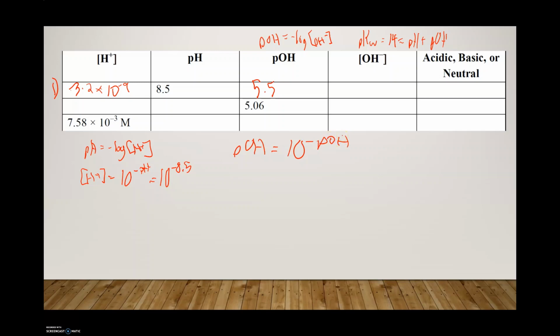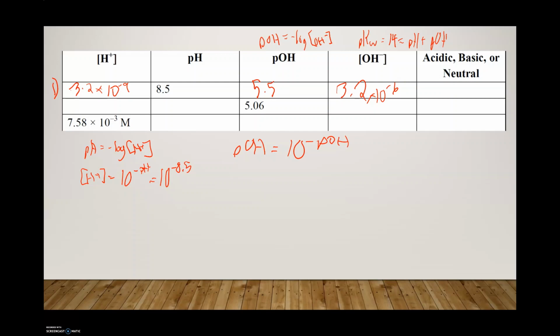So we can do 10 to the negative 5.5, and we get 3.2 times 10 to the negative 6 for that.